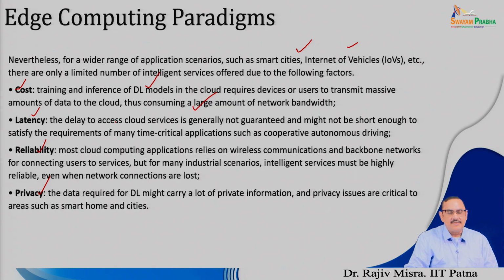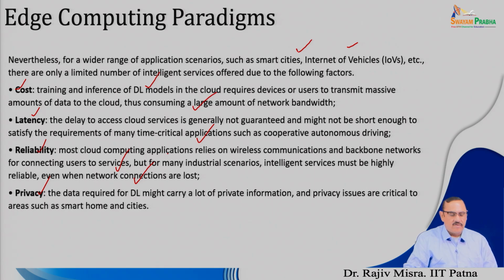Latency: the delay to access the cloud services generally is not guaranteed and might not be short enough to satisfy the requirements of many time critical applications such as autonomous driving. Reliability: most of the cloud applications rely on wireless communication and the backbone network for connecting to the services, but for many industrial scenarios these intelligent services must be highly reliable even when the network connections are lost. Privacy is the most important part.